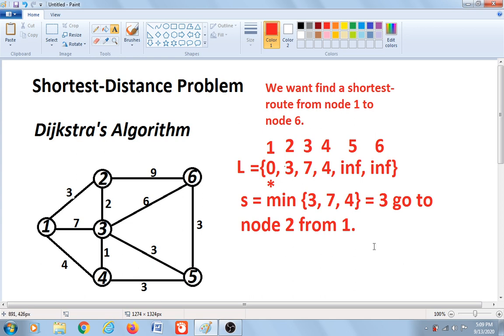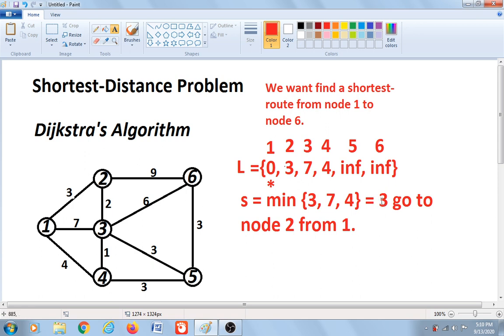Okay. So what is the distance? The distance is 3. So the 3 means 0 plus 3. So the distance is actually 0 plus 3, but I do not put the 0 plus here. I just go directly with 3, 7, and 4. So it should be 0 plus 3, 0 plus 7, and 0 plus 4. And the minimum is 3.